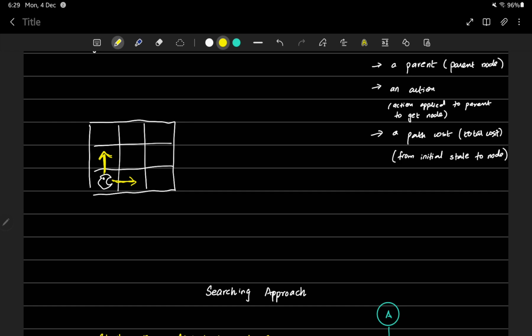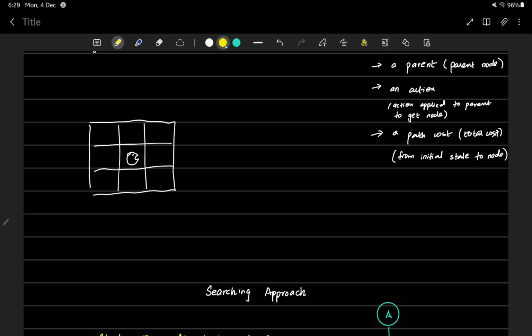So these are the options, right? Now if my agent, instead of being here, was here, then it had an option to go up, it had an option to go left, it had an option to go right, and it had an option to go downwards, right? So these are all different actions, right? These choices are nothing but different actions that it can take.